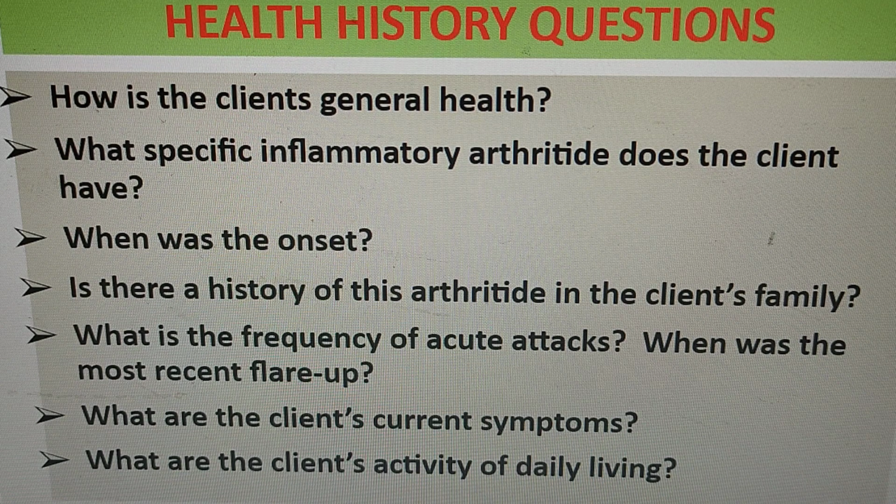So at this time, you should know the current symptoms of the client as you see the client at the moment. What are the client's activities of daily living? So what the client does every day. Okay, cooking, exercising, any activity of daily living.